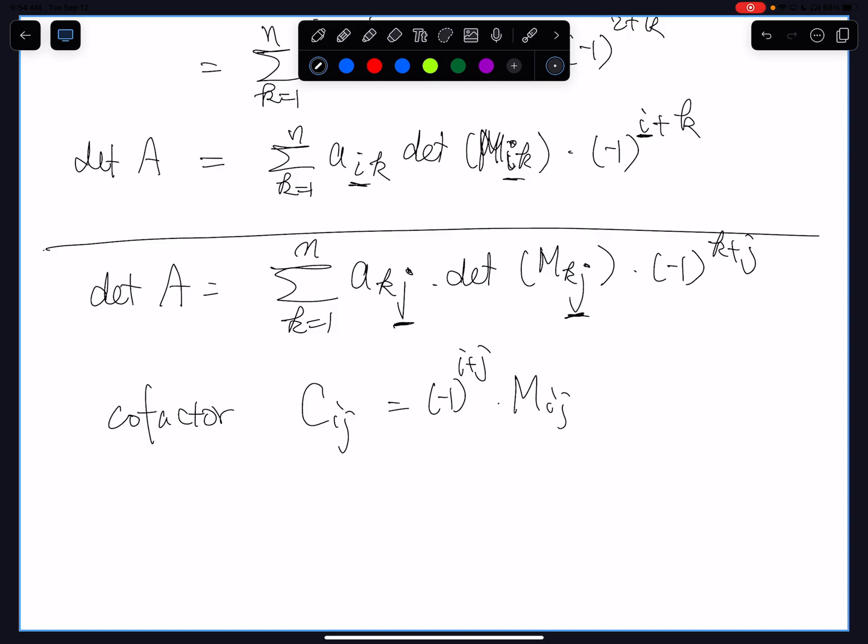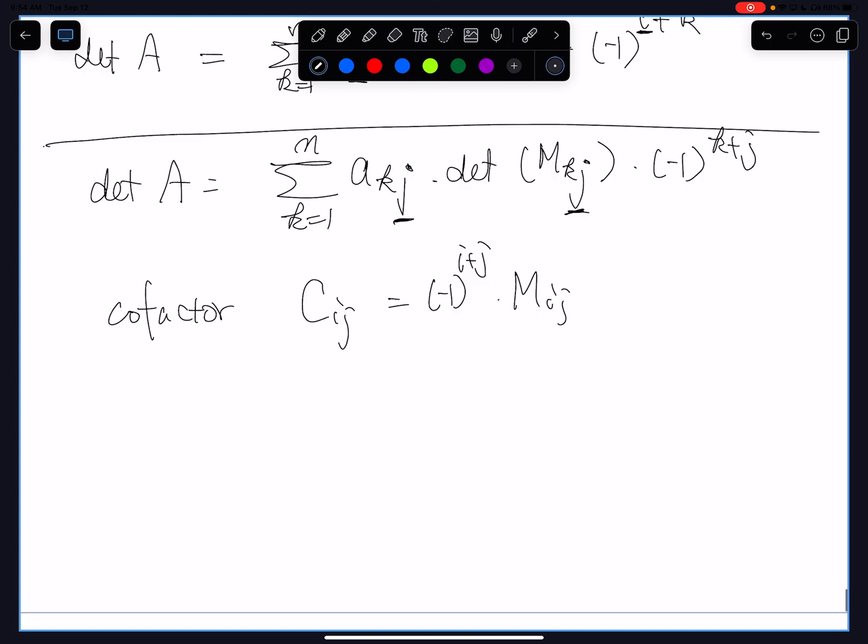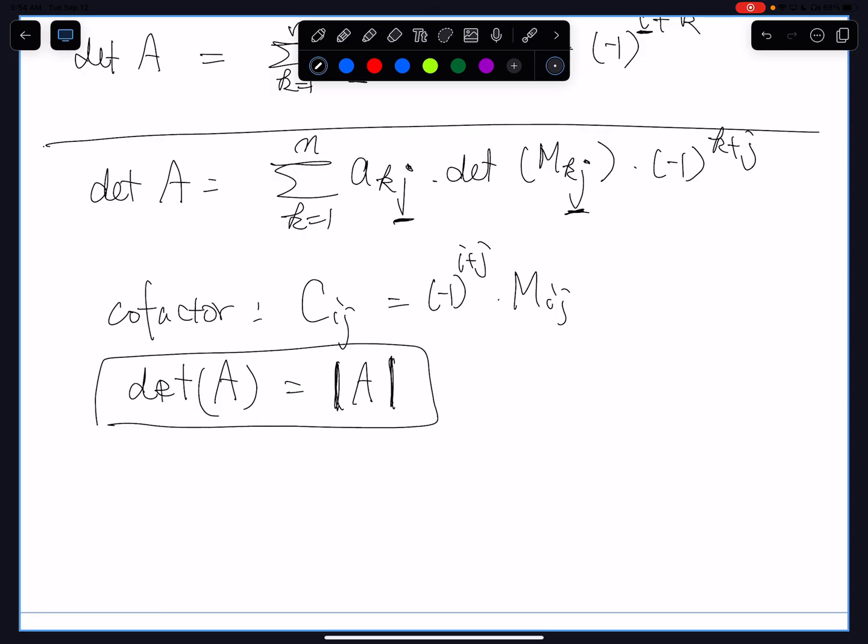Is it defined that way? Yeah, okay, right. That's right. And to save space, from now on, I'm going to write it this way. This is just to save space. So this reminds you of something, right?